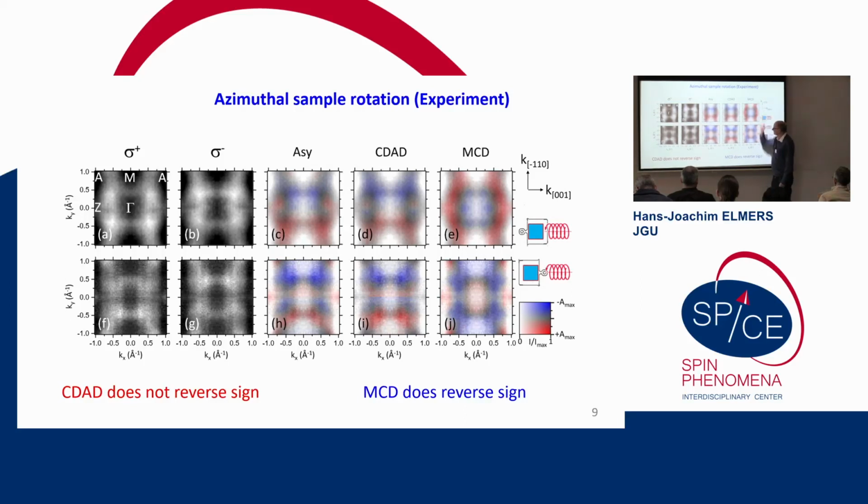But the magnetic circular dichroism, which we calculate here, obviously changes its sign, and that is a clear hint that we have a kind of magnetic circular dichroism which fulfills the symmetry behavior that you also expect for a ferromagnetic material.